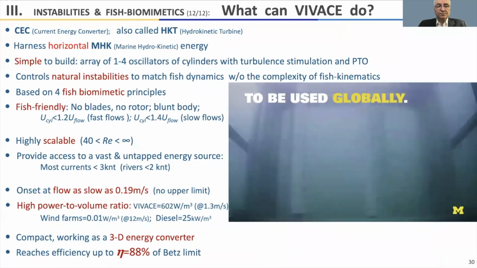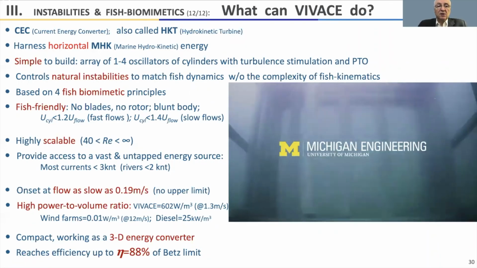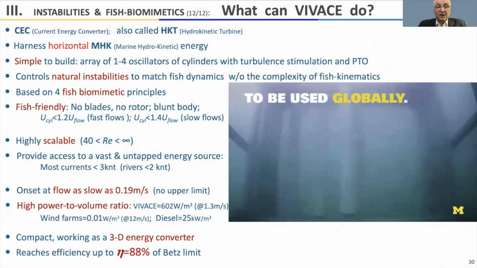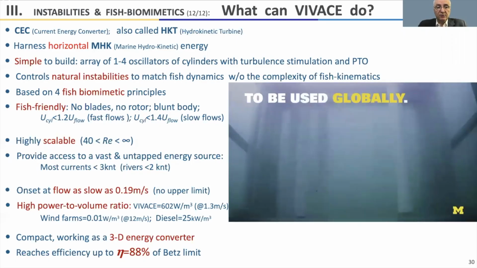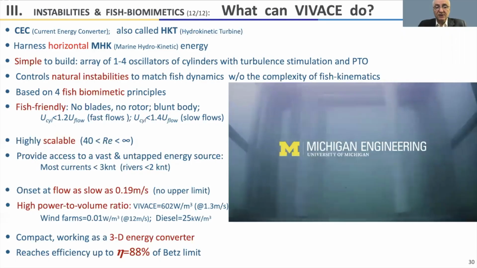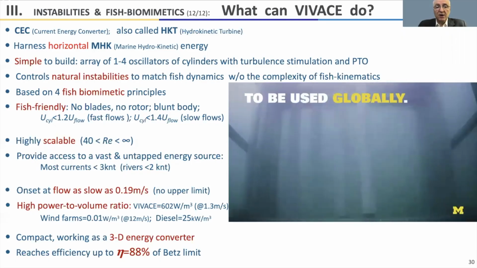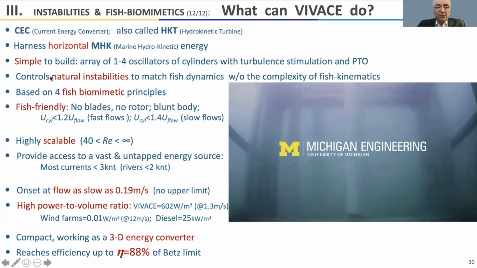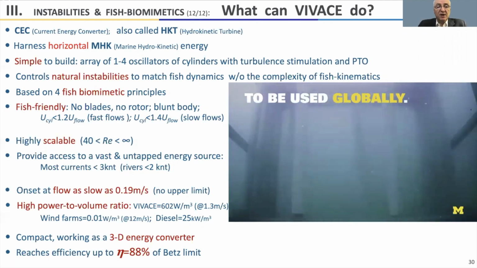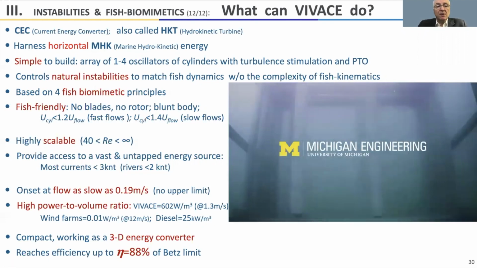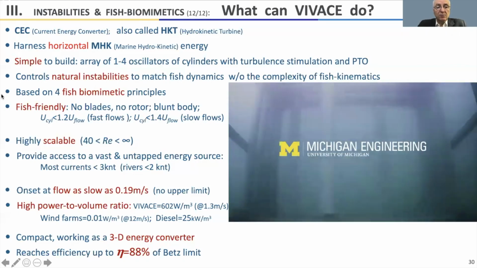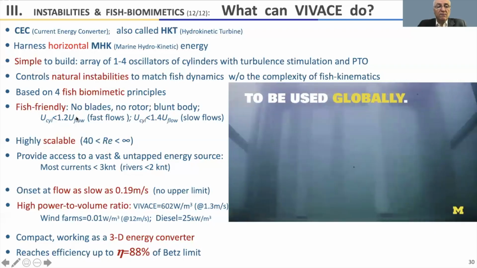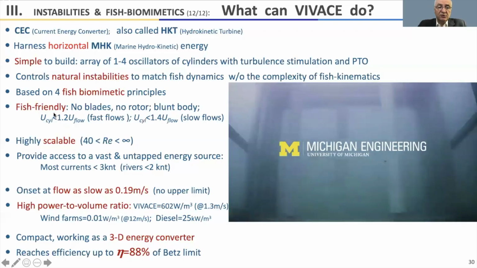So what can Vivace do? It can harness horizontal hydrokinetic energy. It is simple to build. Usually we build it with 1 to 4 oscillators. It controls natural instabilities, enhances them and controls them, and we harness energy. It is based on 4 fish biomimetic principles, and by concept, it's fish friendly, but by evidence, we have no blades, no rotor, and equally important is that the flow velocity has a relation to the cylinder velocity.